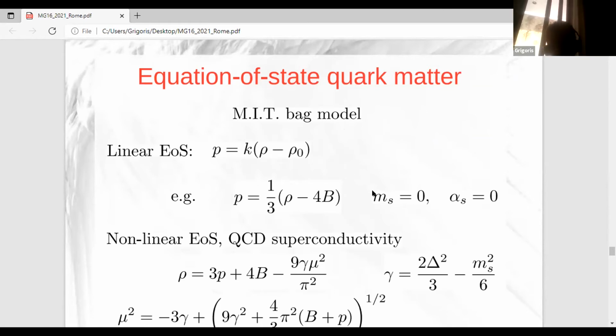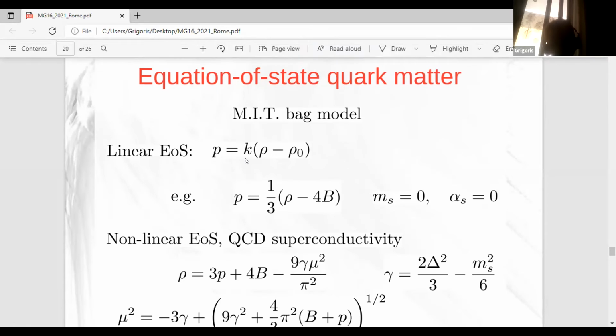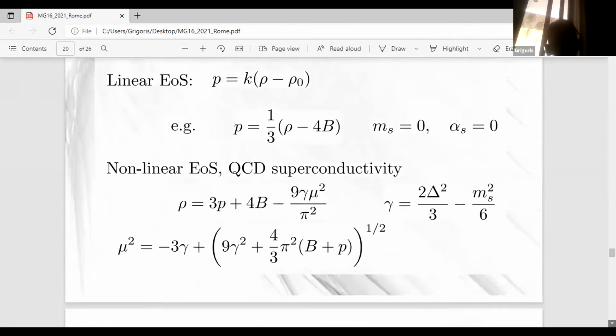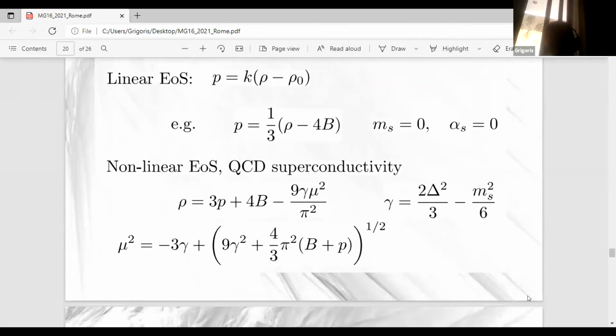But more generically, depending on the values of B, the Planck constant, the mass of the s quark, and the QCD coupling constant, you obtain different values for K and rho naught, but still you have an analytic equation of state that is linear. And then if you take into account superconductivity effects, you obtain a slightly more complicated nonlinear equation of state, but still known analytically. Delta is the superconducting gap.